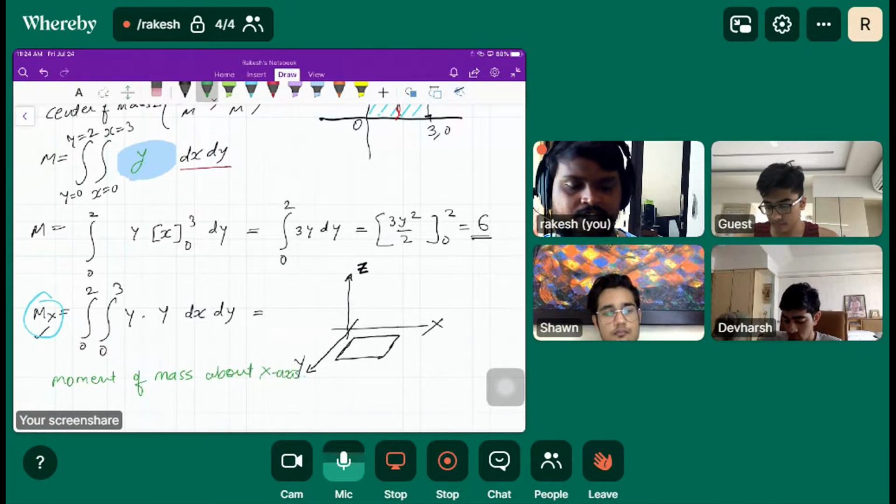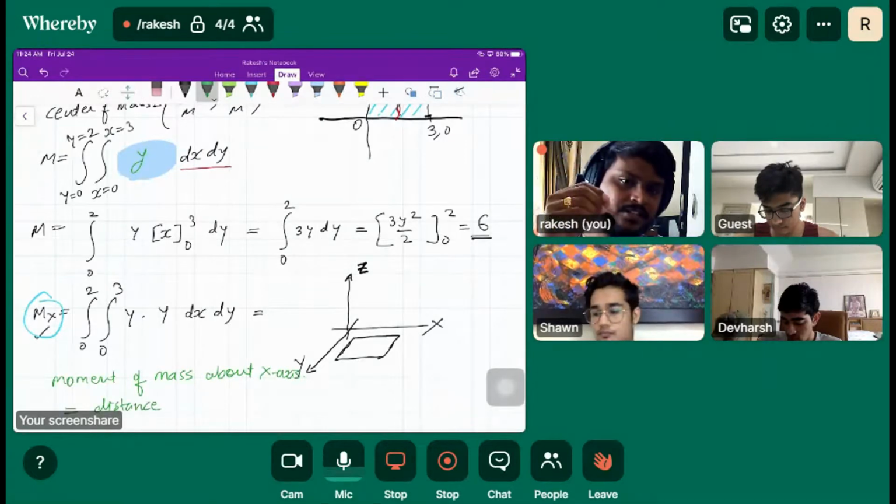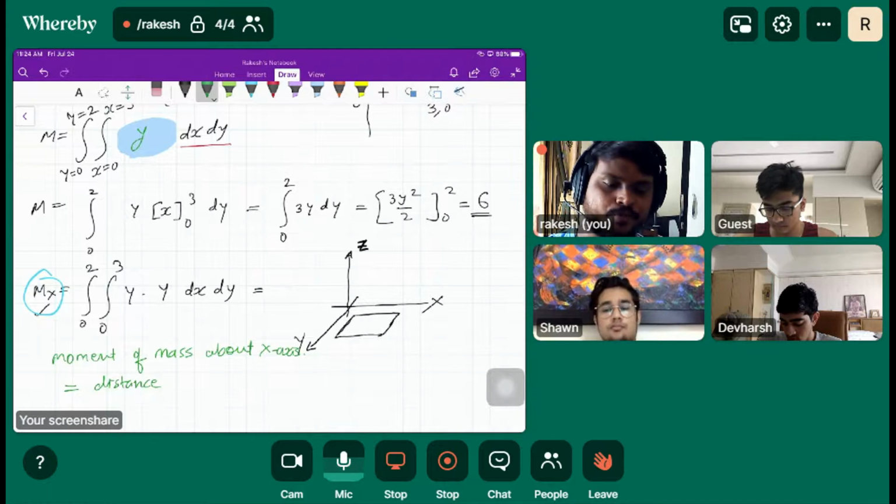About x-axis, and the formula for that is the distance of a point selected. We select any point on the lamina, and the formula for moment of mass about x-axis is distance into mass density function.